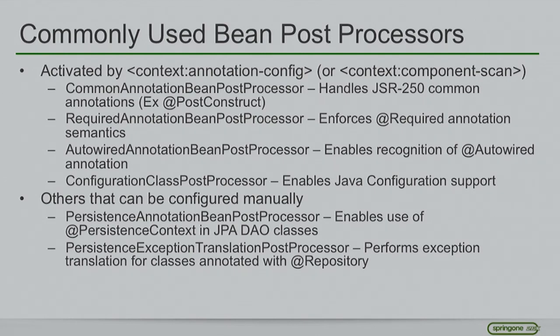If you're doing Hibernate, then Hibernate probably would throw unchecked exceptions. But what that translation post processor does is it adds a proxy that intercepts all of those kinds of exceptions and translates them into the data access exception hierarchy that's provided by Spring, which is a pretty rich and expressive set of exceptions. So that's one you would have to actually register by hand. There's no simplification. You would just have to register it yourself, okay?